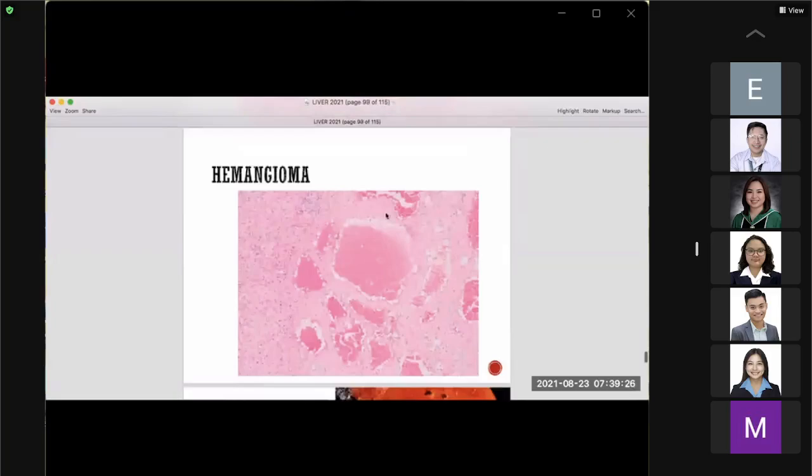Hemangioma, of course, we all know that this is a vascular channel tumor. There is an increase in the number of blood vessels here. Okay, this can be so severe, even if it's a benign process. No, this can be so severe that it would derange the function of the liver, leading to the demise of certain patients.